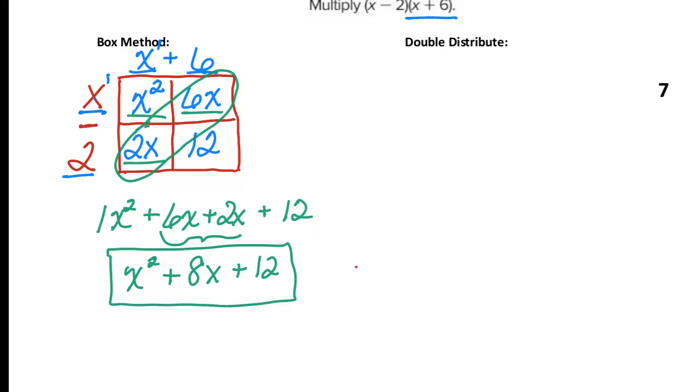This box method is really kind of an area model. Okay? It's an area model, which is kind of hard for our students to understand, but you're saying I have an unknown amount times an unknown amount in x, and that gives me x squared, and then an unknown amount times 6. So you would have like 6 of those, 1, 2, 3, 4, 5, 6, and then you would have 2 going this way.